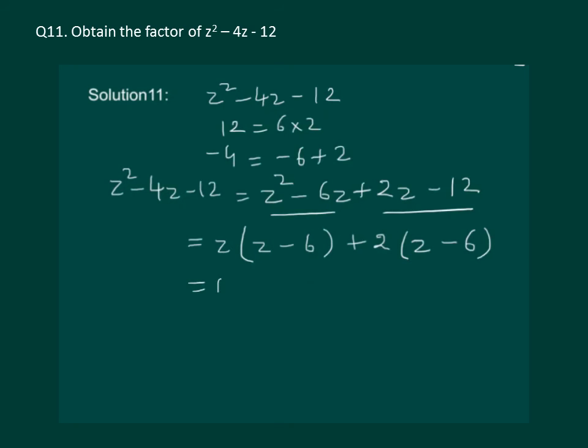So let us take out z minus 6 common from the two terms, and we are left with z plus 2. Hence we have reached the required factors z minus 6 and z plus 2 of z square minus 4z minus 12.